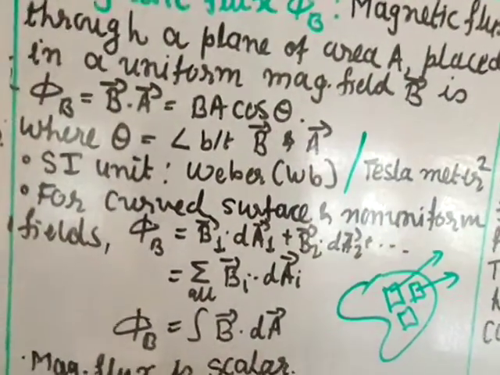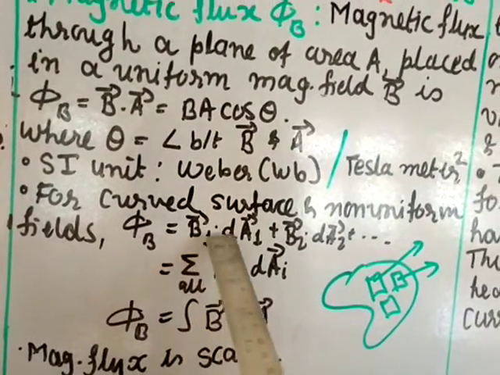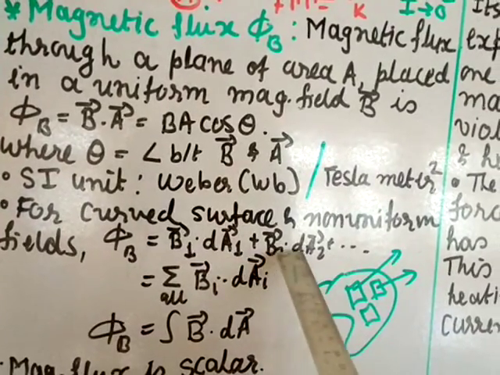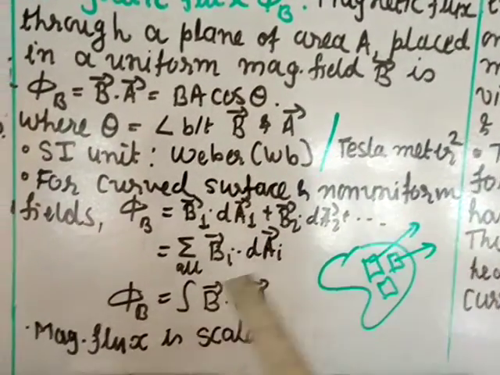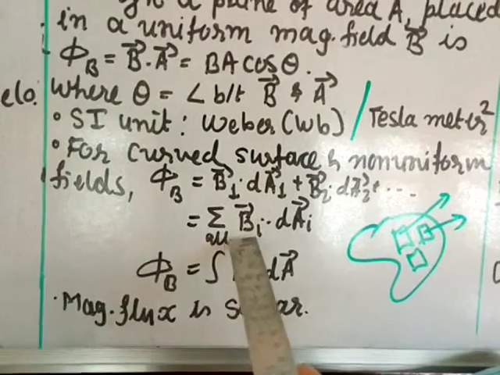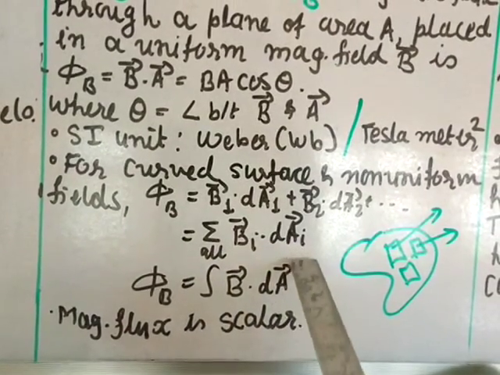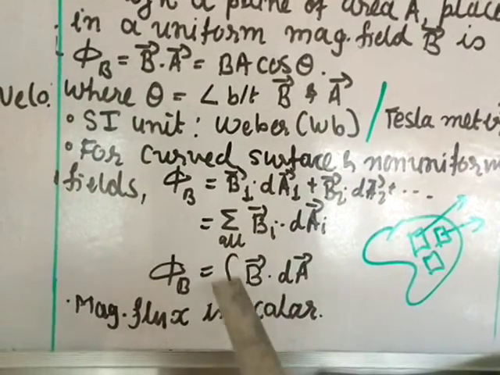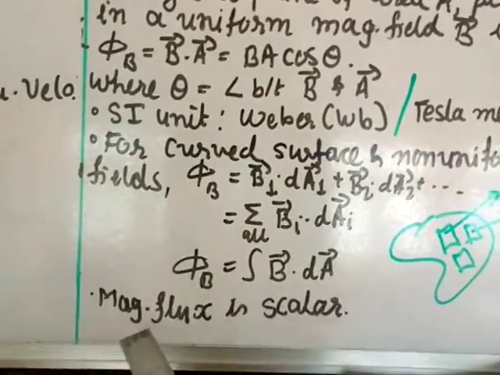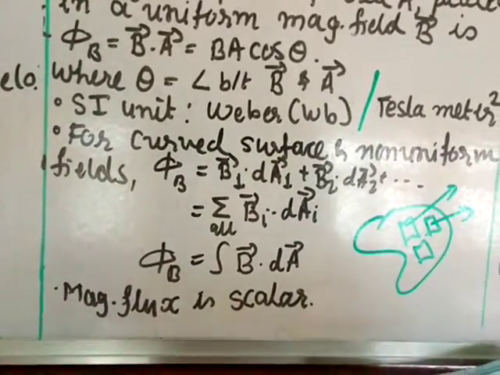So we can say phi B is equal to B1 dot dA1 plus B2 dot dA2 plus up to the sum over all, sigma Bi dot dAi. The summation can be written as the integral of B dot dA, and magnetic flux is a scalar quantity.